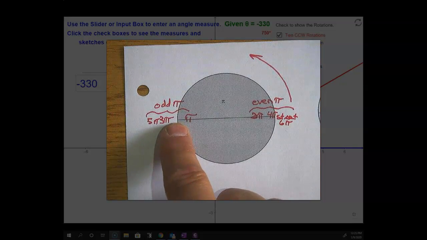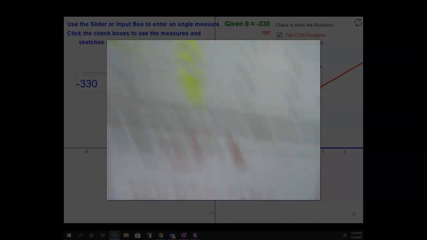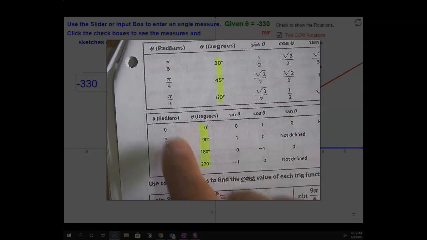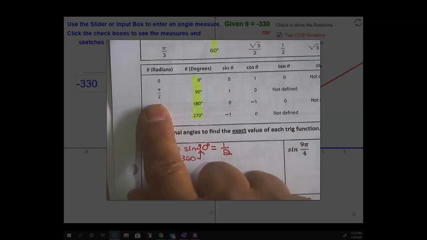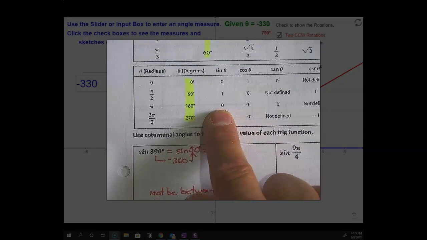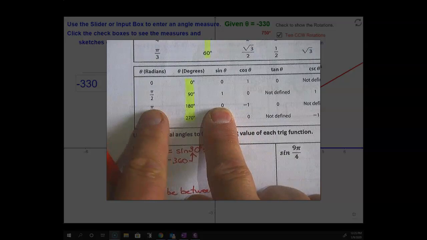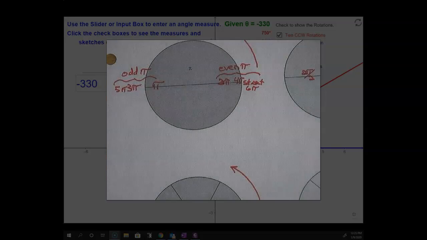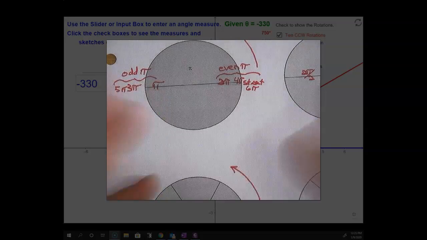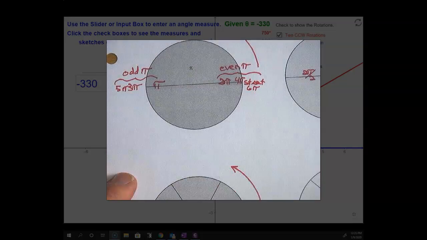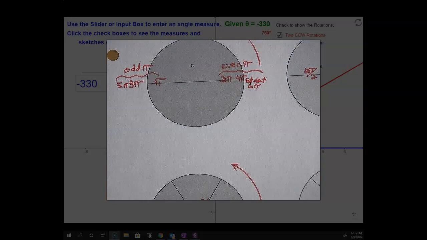Odds are going to end up over here. So the sine of 975 pi would be 0. You're always just changing bigger angles into an angle that we know information about.